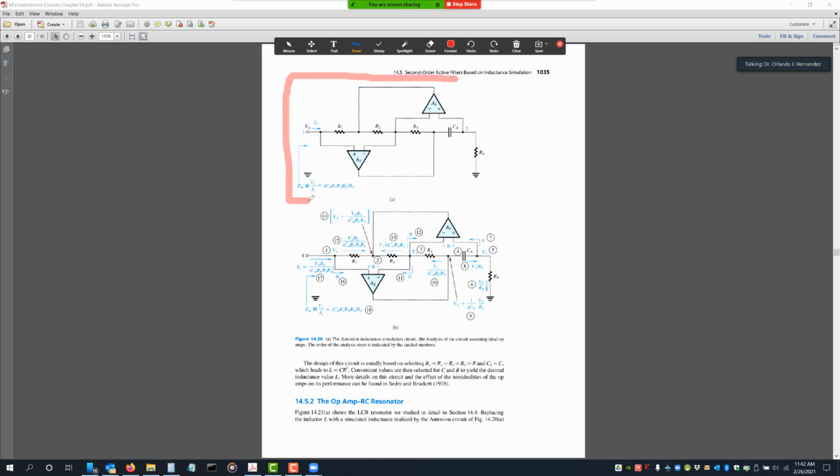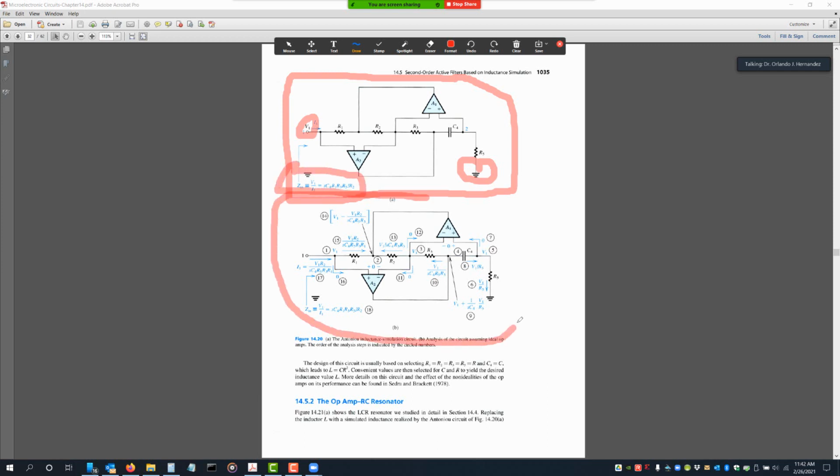So again, if we look into this terminal here, in reference to this terminal here, we'll see an inductive impedance. And if you wanted to follow the actual derivation of this expression, they do a nice job down here.